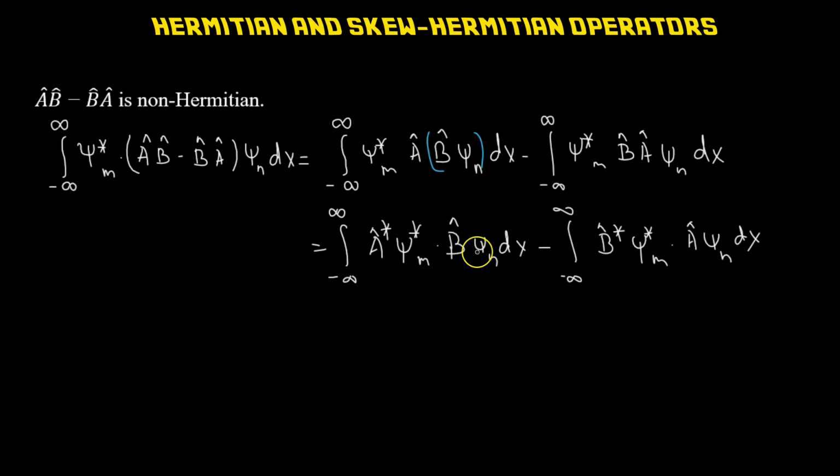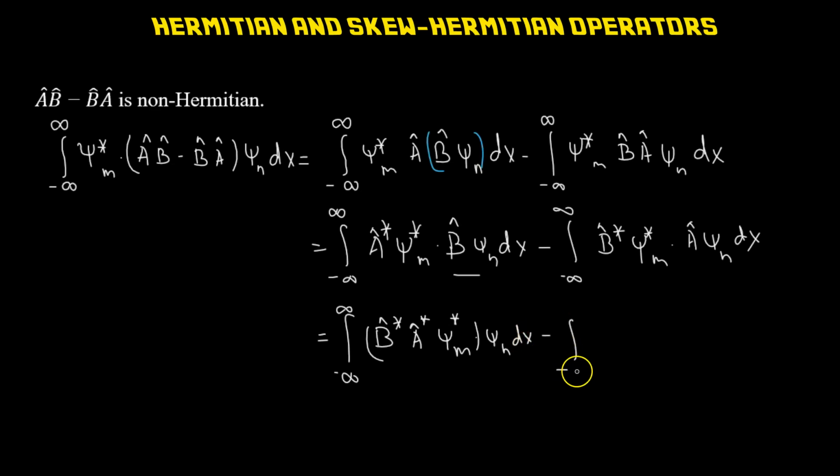Now we have the operator B operating on psi n. So this will become the integral from negative infinity to positive infinity of B star A star psi star m, whole multiplied by psi n dx, minus the integral from negative infinity to positive infinity. Here we have operator A operating on psi n, so that's the same as saying operator A star operating on B star psi star m, whole multiplied by psi n dx.